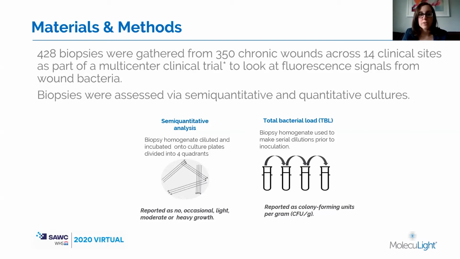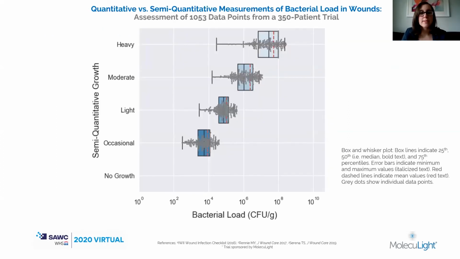All the biopsies were assessed both with semi-quantitative and quantitative cultures. Semi-quantitative used the 4-quadrant method and reported total bacterial load as occasional, light, moderate, or heavy. And then for quantitative cultures, homogenate was used to make serial dilutions prior to inoculation, and that's reported as colony forming units per gram. So let's look at what the data showed.